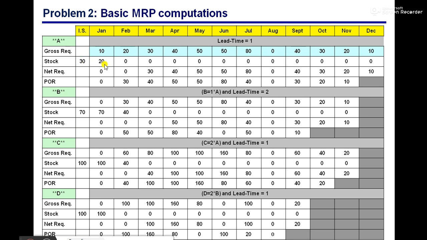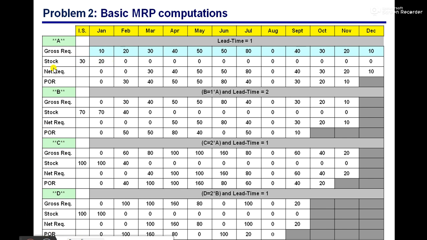For the rest of the row, the stock level is equal to the stock level at the previous period, minus the gross requirement in the corresponding period. So here we had 30 units in inventory. The gross requirement for January was 10 units, so we're left with 20 units here.